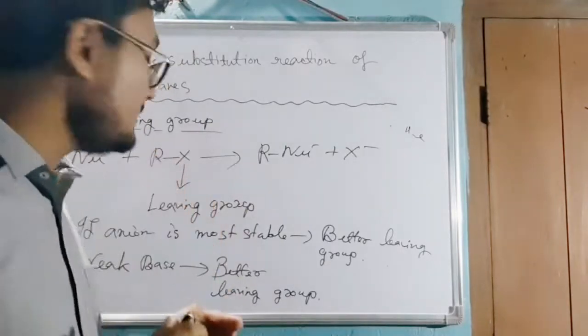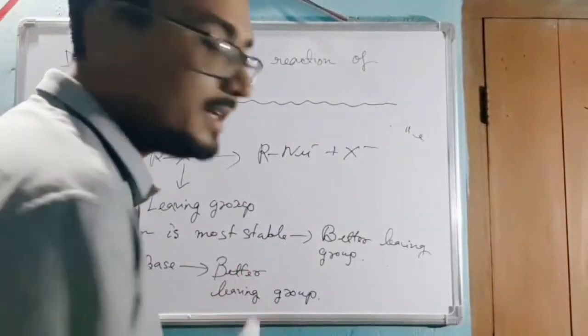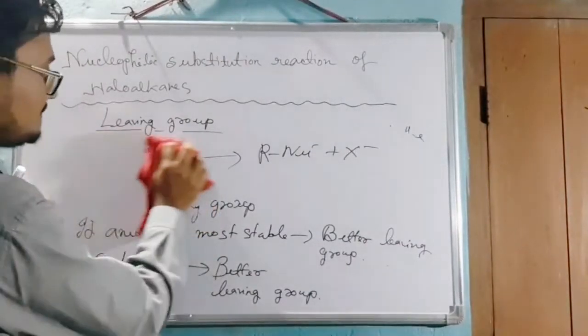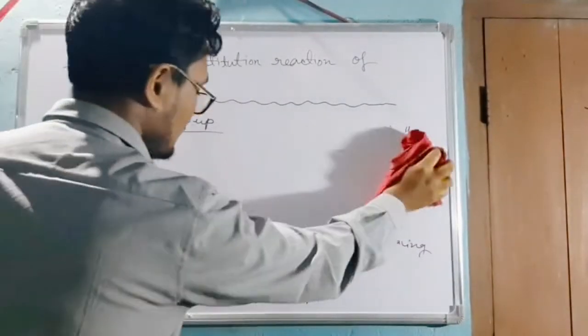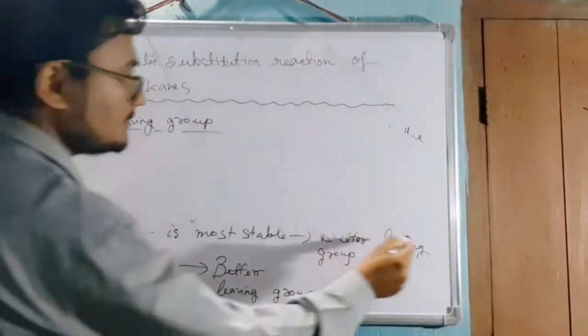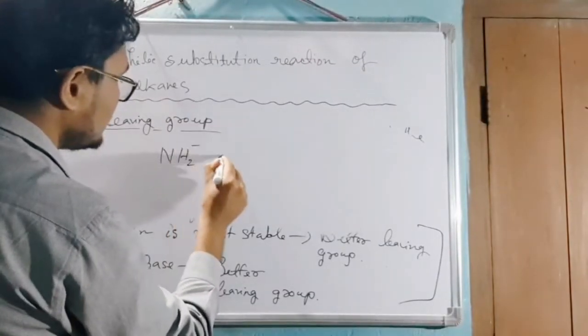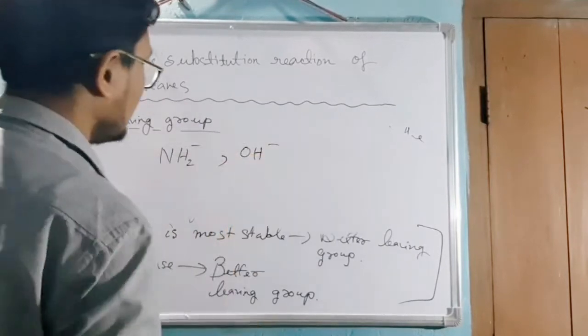I will try to explain the whole concept with the help of an example. Let us take an example. These two concepts are very important. Now, N is 2 minus, N O is minus.